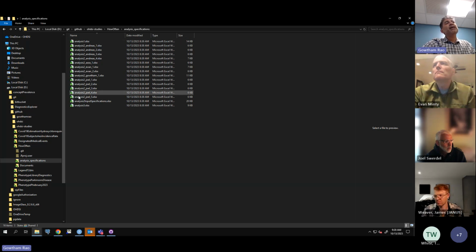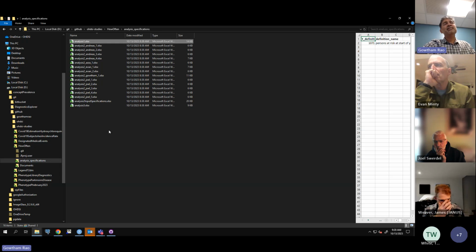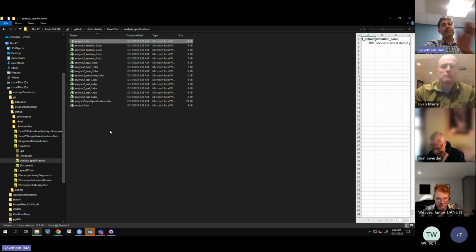If I click this, they are grouped as analysis 1, analysis 2, and analysis 3. The reason they are grouped in that way is that the investigators deemed that grouping would be meaningful. Analysis 1 is like a global analysis. This basically answers questions like, in the general population, what is the incidence of a certain outcome?